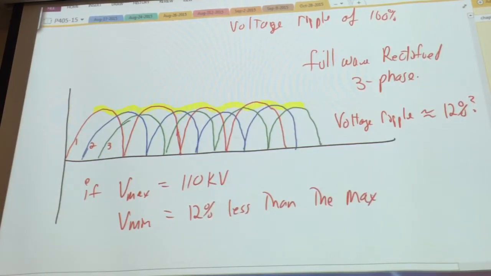And how do we calculate 12% less than the max? 96,800. 96,000, that's an answer, that's not how we calculate it. Take away 12% from the full voltage. Okay. So 100% minus 12% is also known as 88% of 110,000 volts.